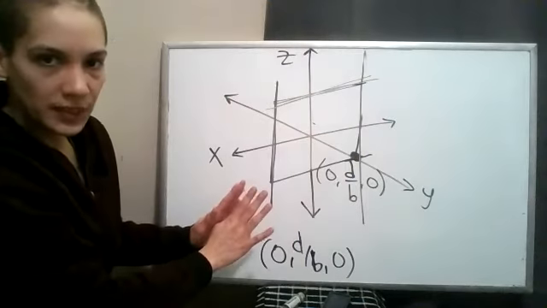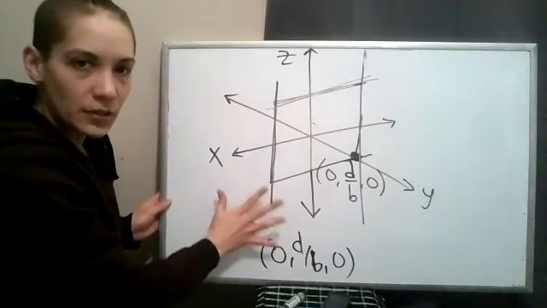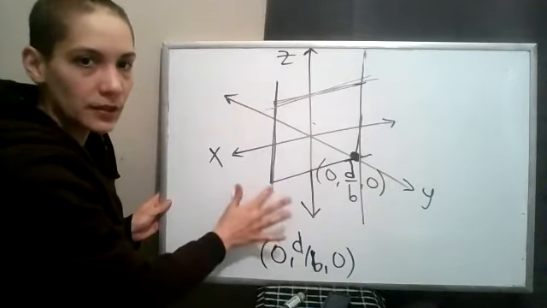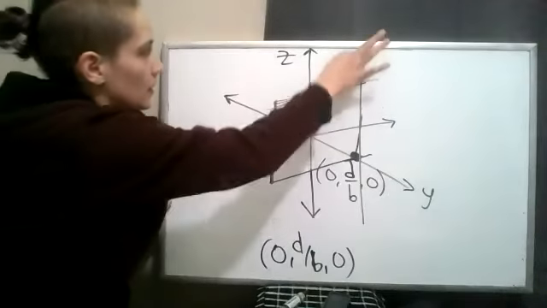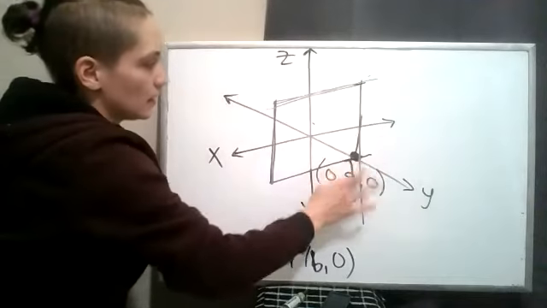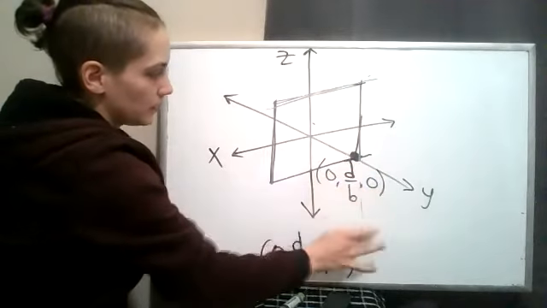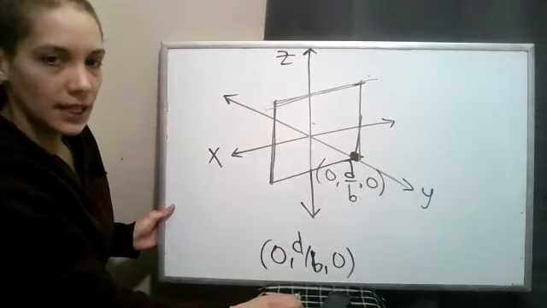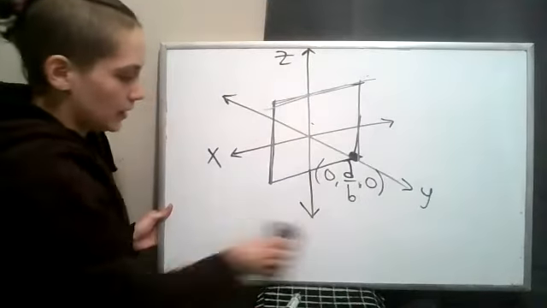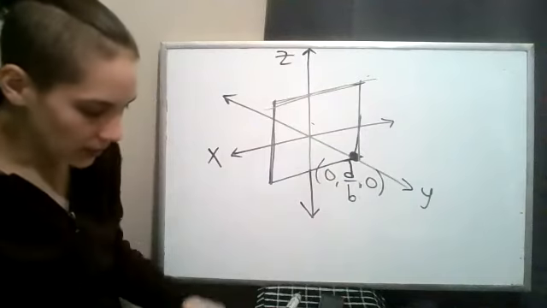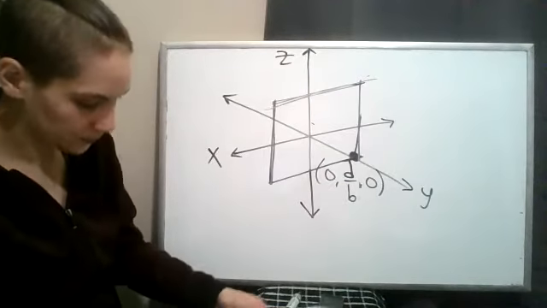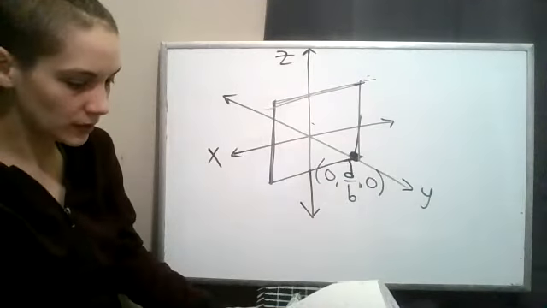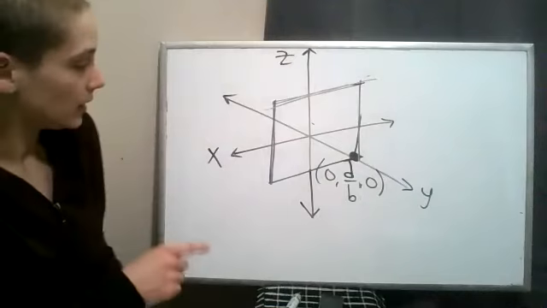We're going to represent this plane by drawing a square. So we're going to clean the corners. I'm going to do a bit of cross-hatching. And just remember that this one is parallel to the xz plane.